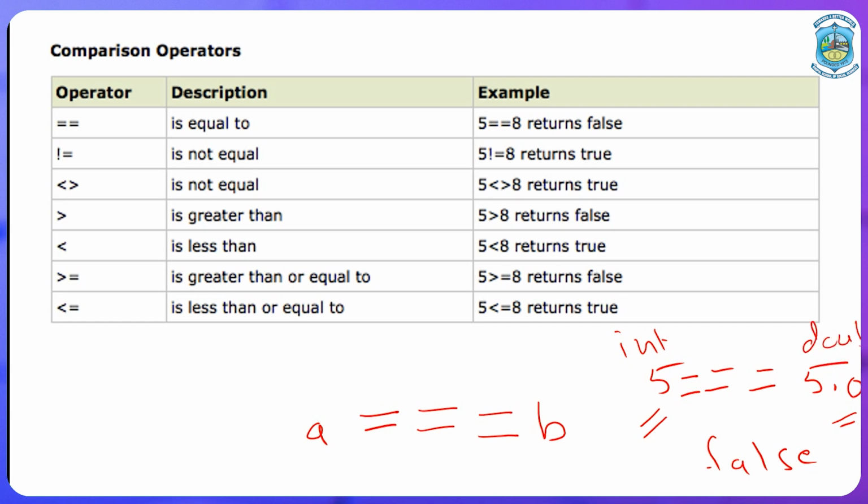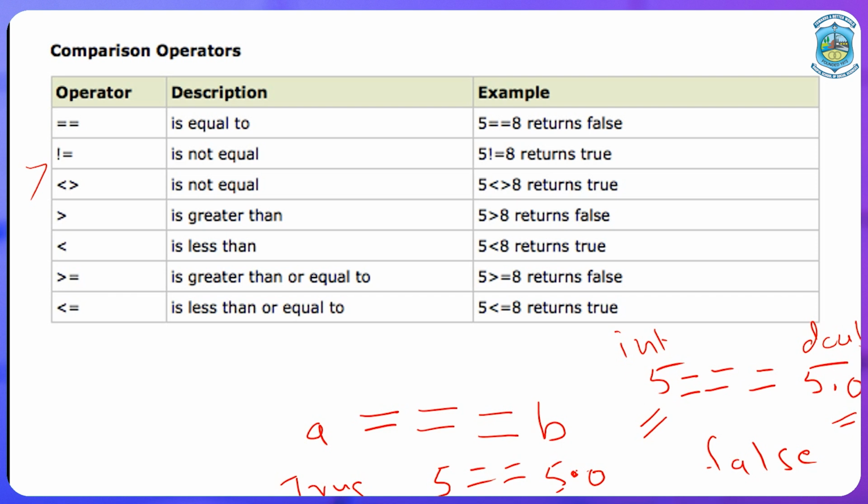It means that if we use three equal signs for comparing two values, it checks not only the magnitude of the values but also the data type. Whereas if you use only two equal signs for comparison, it will give you true, because the magnitude of both values is the same, and two equal signs do not check the data type.